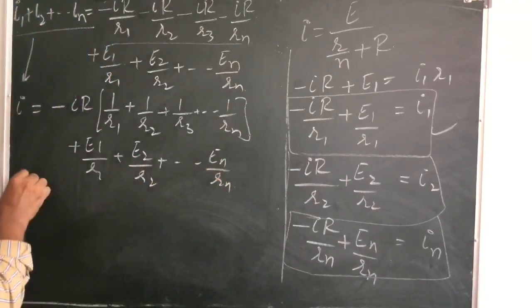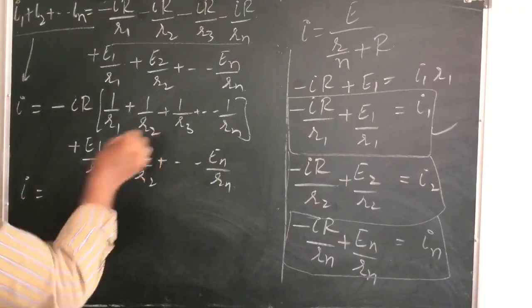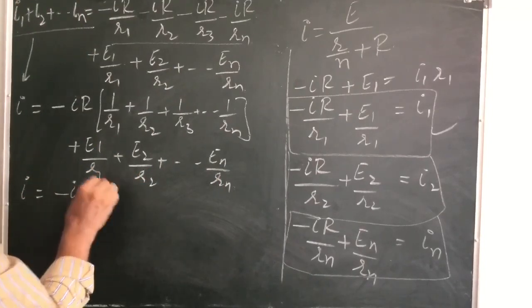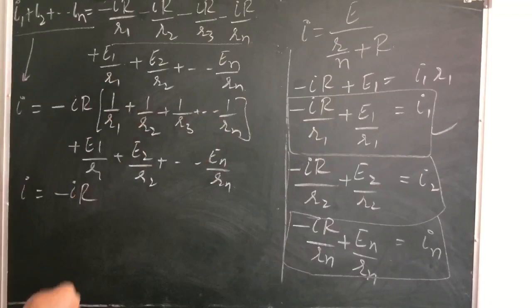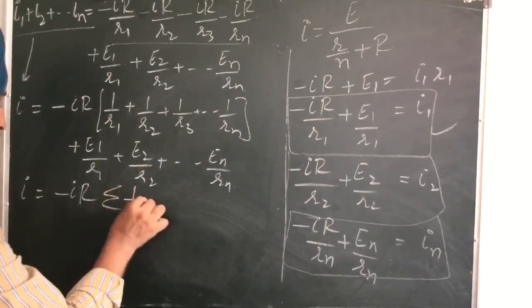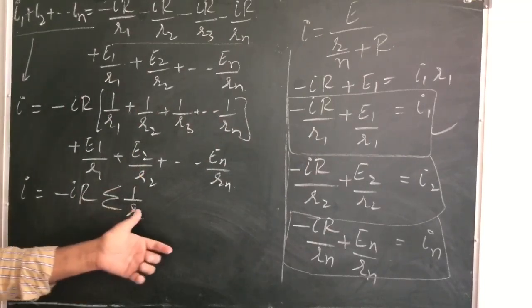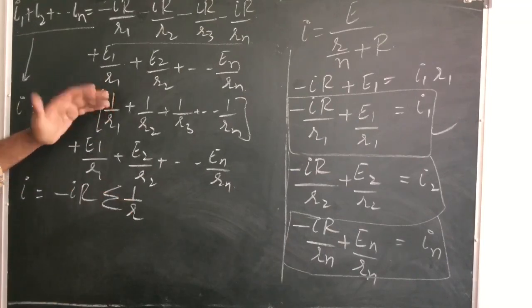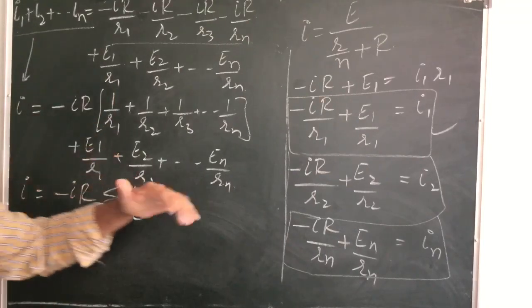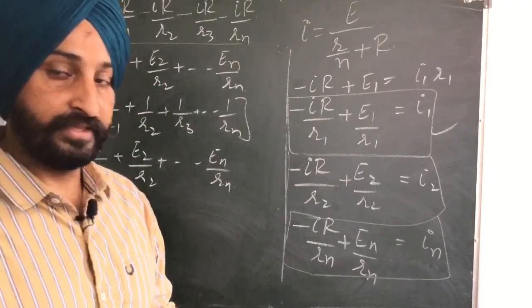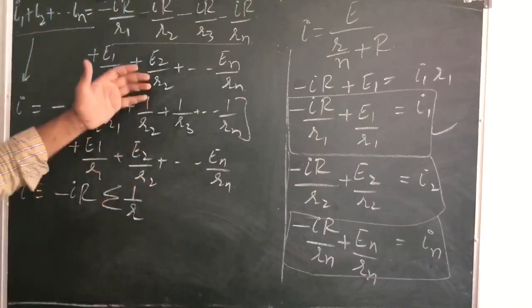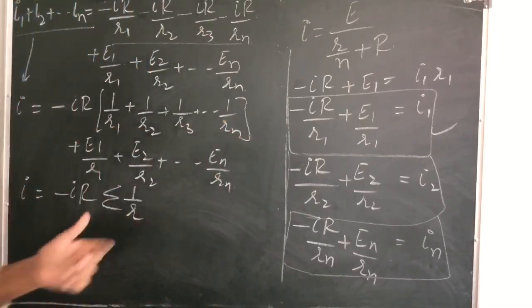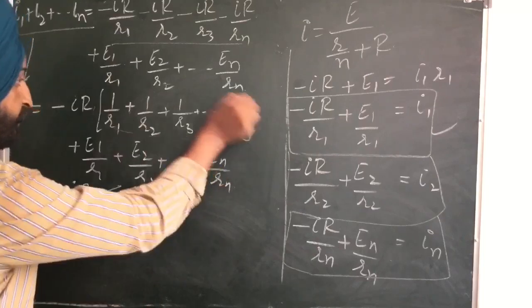So next what we can do is, in place of these addition of all these terms, I can write summation of 1 by R. Summation of 1 by R means firstly 1 by R1 will be written, then the plus sign will come, plus 1 by R2. So this is the short form of writing this entire addition.